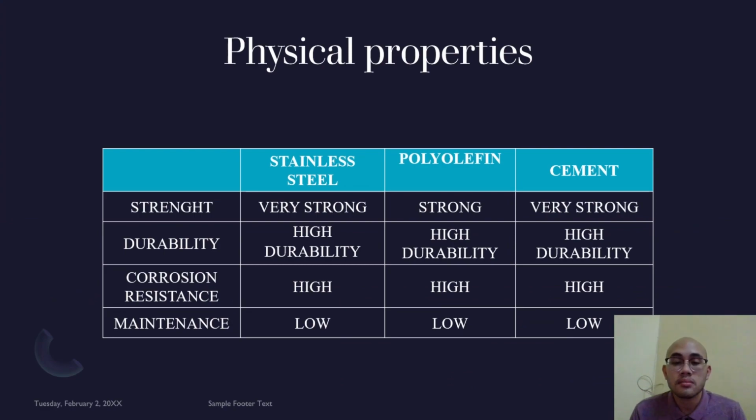The primary assumption that we choose for this project is the inner walls of the facility are made by 3mm thick AISI 304 stainless steel. The insulating material is polyolefin foam.